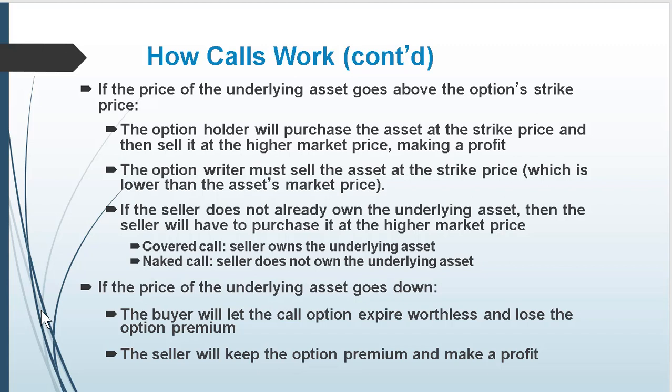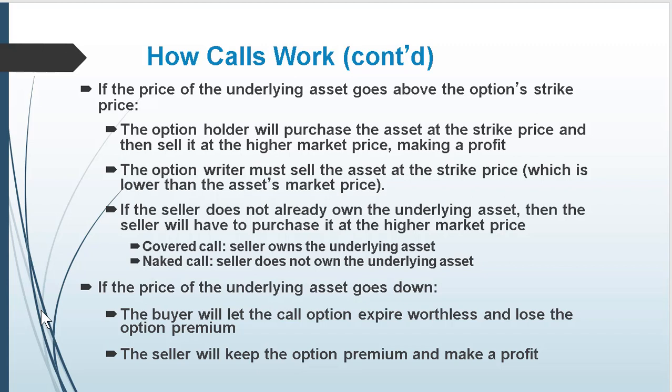Now, they can do this as what's referred to as a covered call or a naked call. For a covered call, the seller owns the asset. So all they'll have to do is give you the asset. But if it's a naked call, that's where they have to go out and purchase the asset in public. If the price of this asset goes down, that means the person that bought the call was wrong. And of course, they're not going to exercise the right.